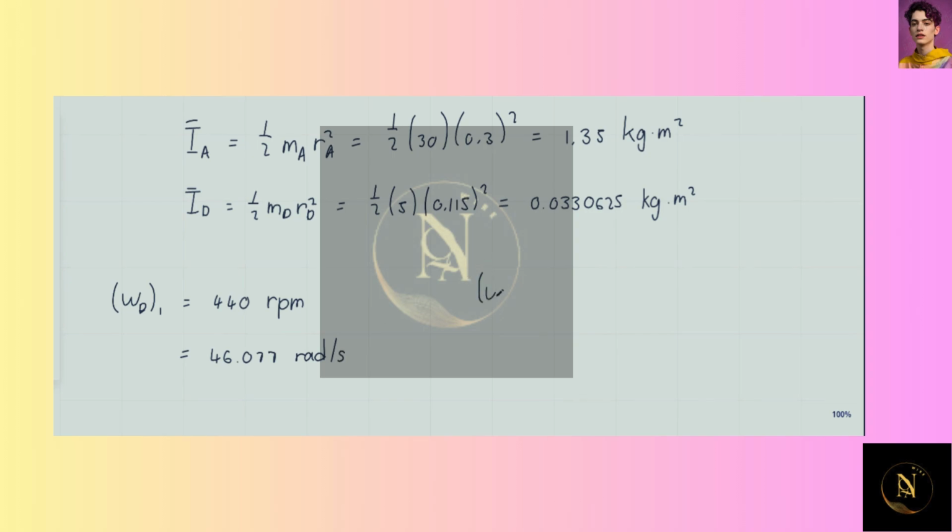And similarly, the angular speed of D in the second state is given to be 176 RPM. Remember, there are 2 pi radians in every revolution and 60 seconds in every minute. So this is 18.4307 radians per second.